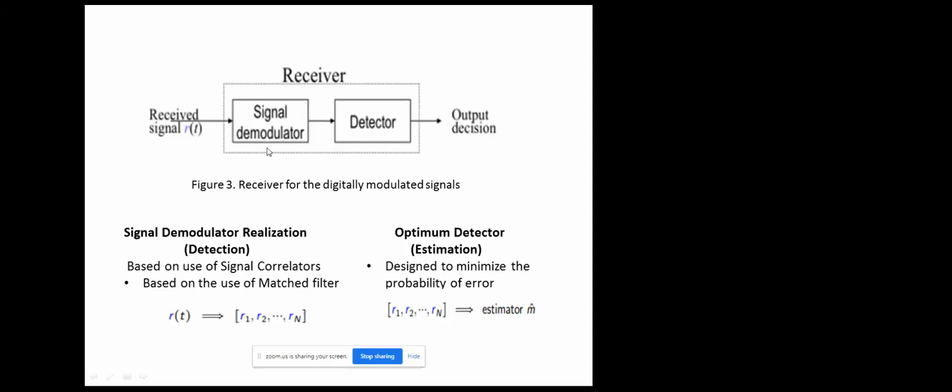So in the signal demodulator, we can go for either a matched filter or a signal correlator, techniques which observe the received signal and guess which particular symbol was transmitted.